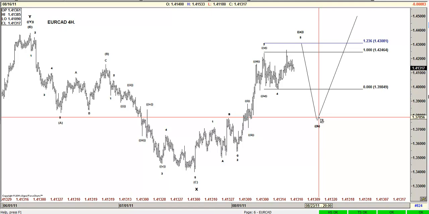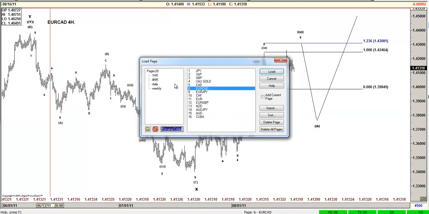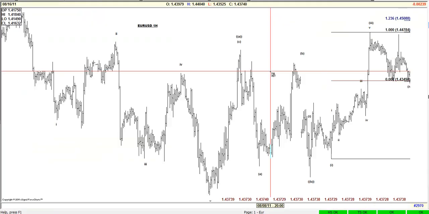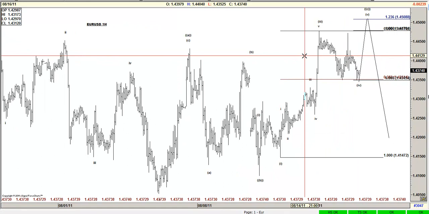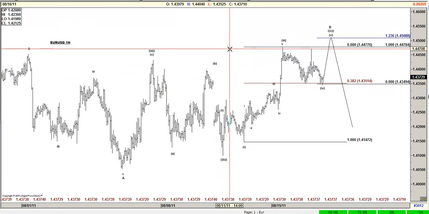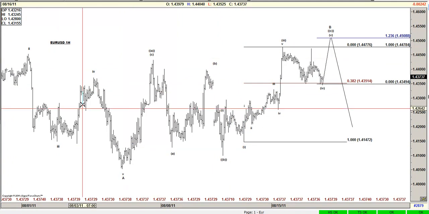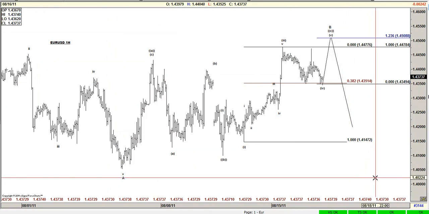I don't know at this time, guys, to be honest with you. I'm questioning the euro to 140. I don't say it won't happen, but I'm more cautious, because I see the pound, which I'm going to show you now, ending a 5-wave move, which is going to resolve in favor of the pound. Look, this is the principal count, like I say, 5 waves here, 3 back, and then a move to 140.